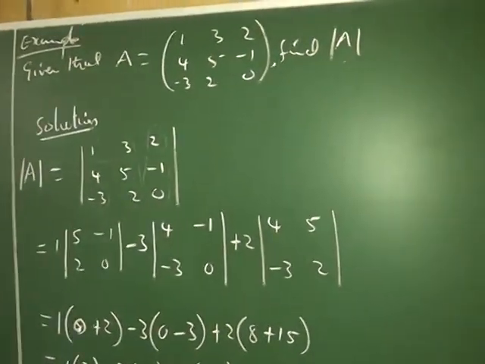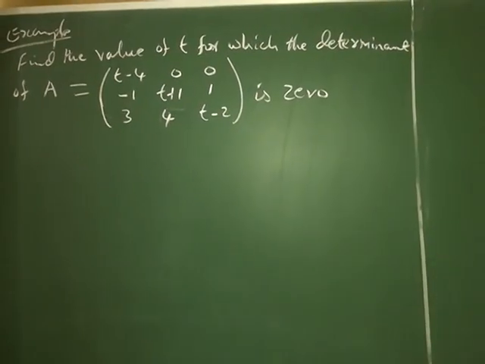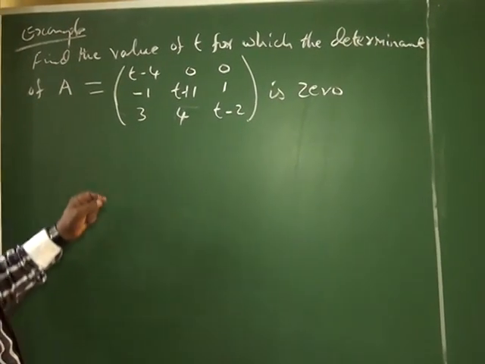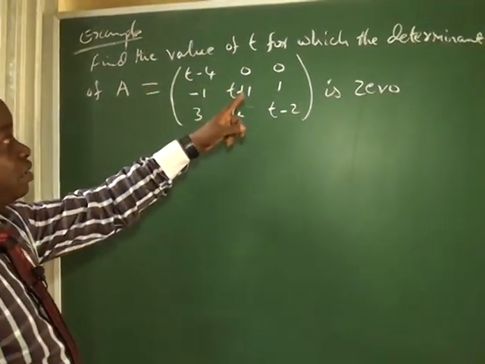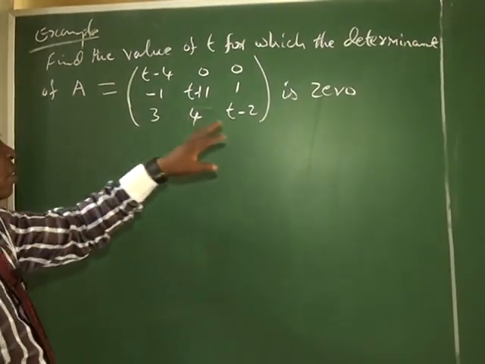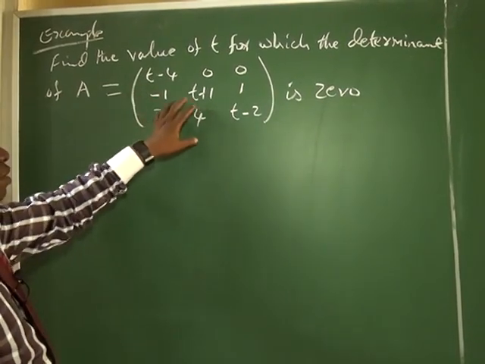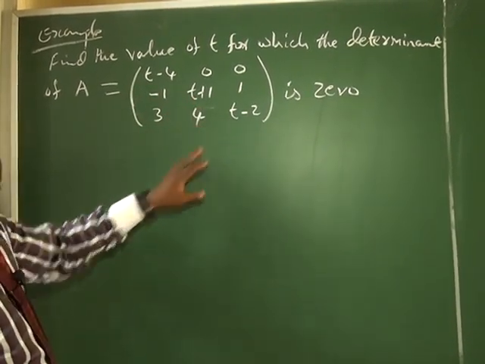All right, we'll pick another example. Now let's look at this example. Find the value of t for which the determinant of A is 0. This is the matrix A as given by these elements.